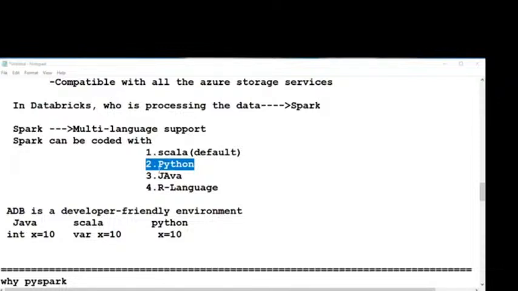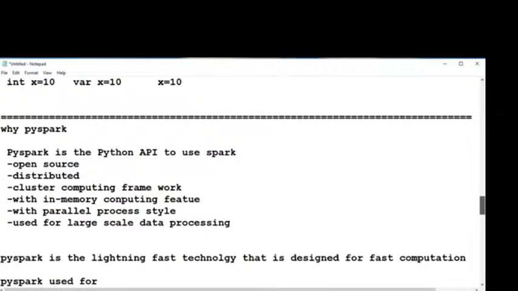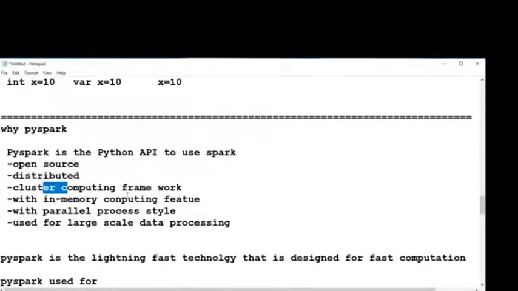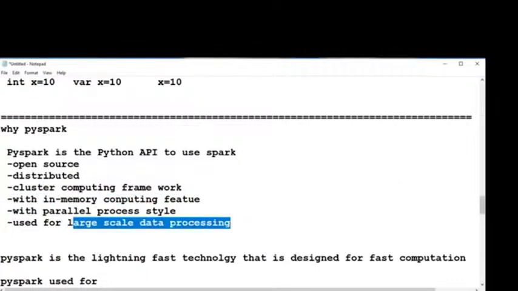The total coding implementation goes in Python. It is an open source distributed cluster computing framework with a parallel process style used for large scale data processing.